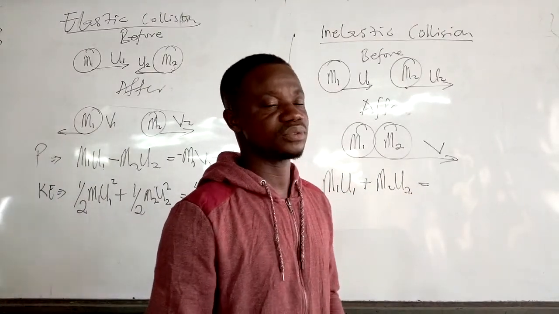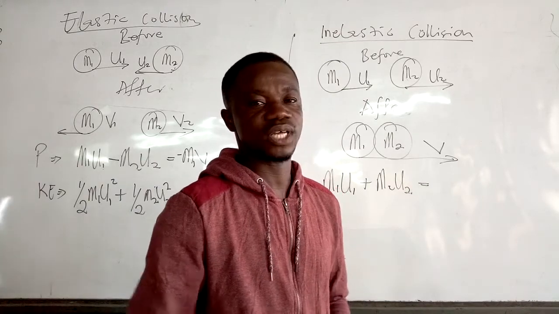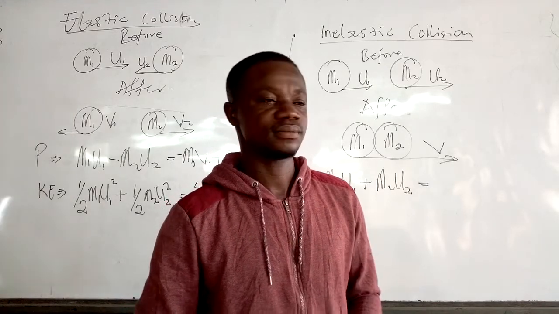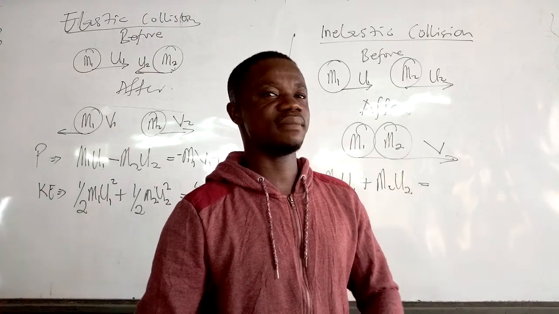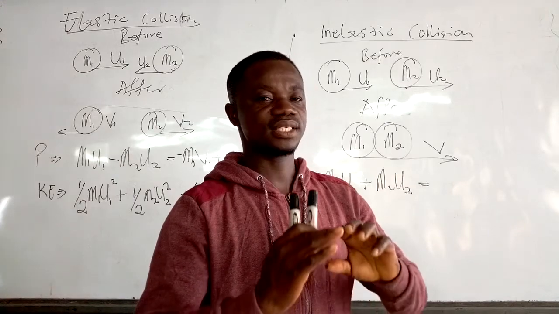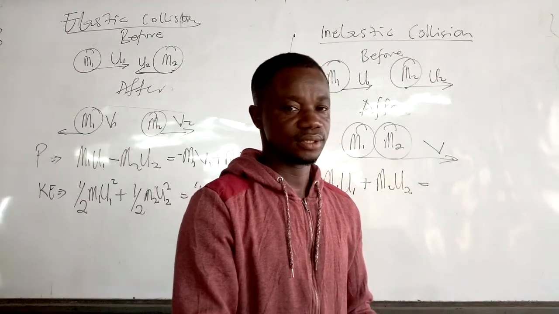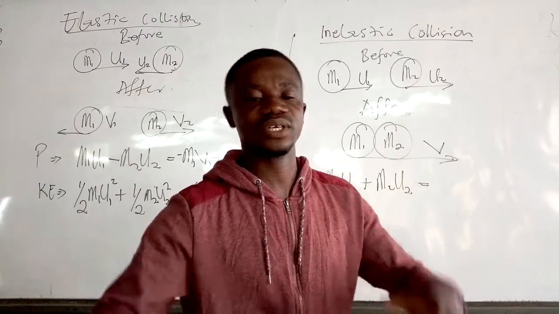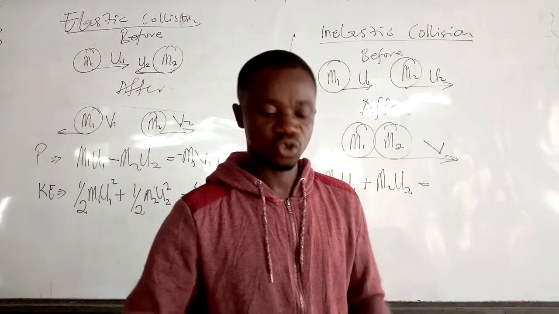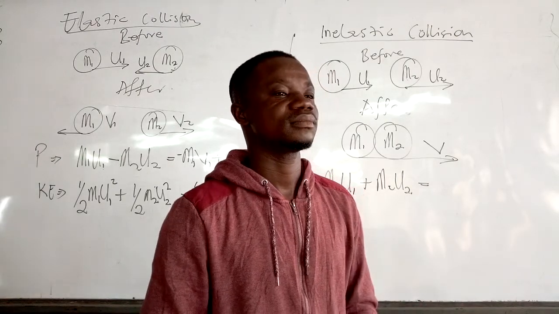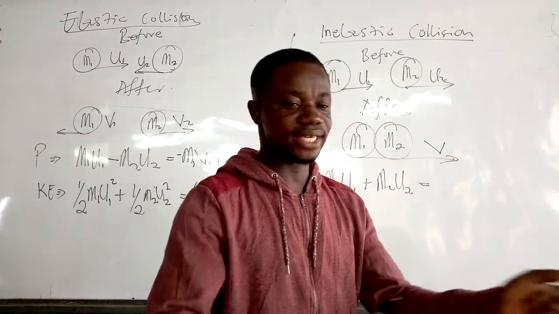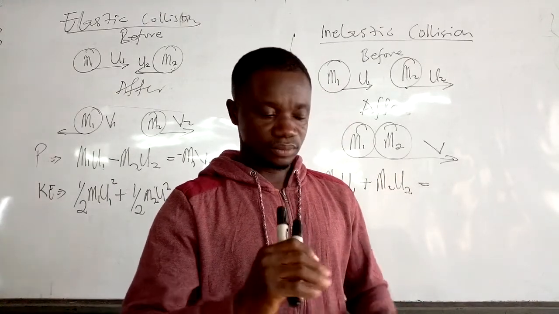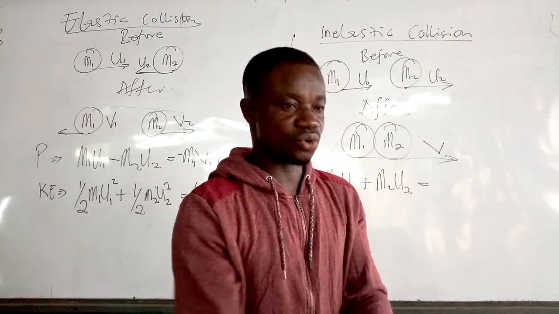Let me state it again for the purpose of those that have not watched the previous video. The principle of conservation of momentum states that the momentum, that is the sum of momentums before collision, is equal to the sum of momentums after collision, provided there is no external force acting on a system of colliding bodies. So when two bodies collide, whether head-on or any form of collision, their momentums before collision is equal to their momentums after collision.